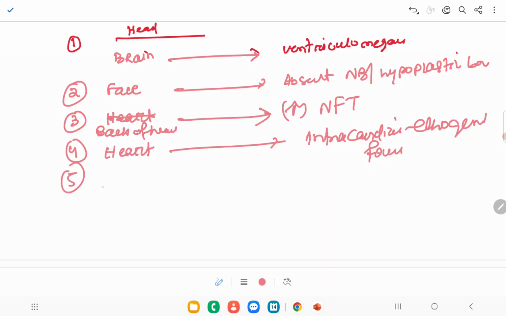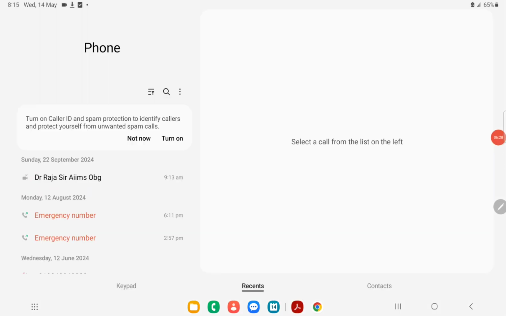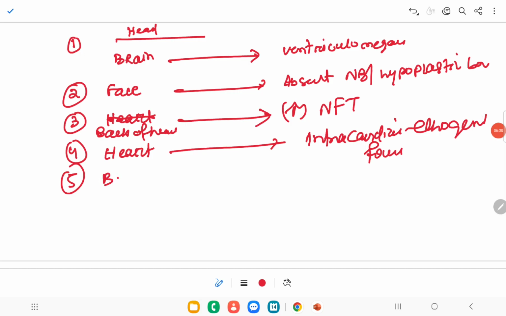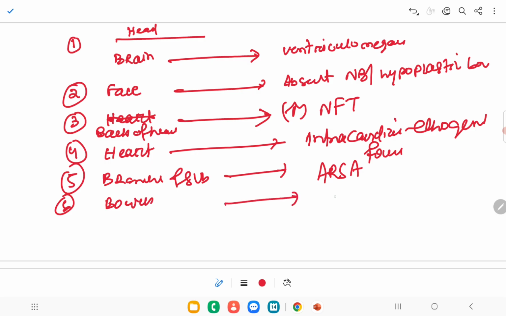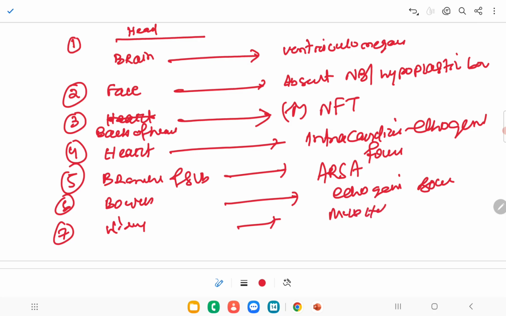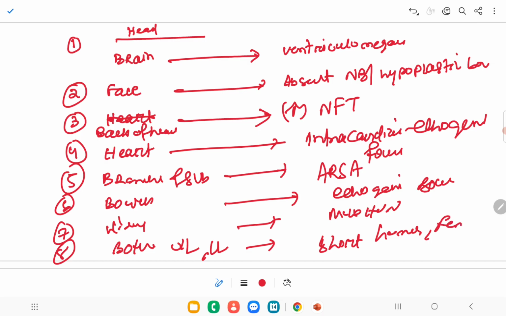Then fifth, the branches of the aorta, branches of the subclavian artery, that is aberrant right subclavian artery. Then sixth, you go to the bowel, echogenic bowel. Seventh, you go to the kidney, there will be hydronephrosis. Then you go to the upper limbs and lower limbs, that is short humerus and femur. So it is very easy to remember.